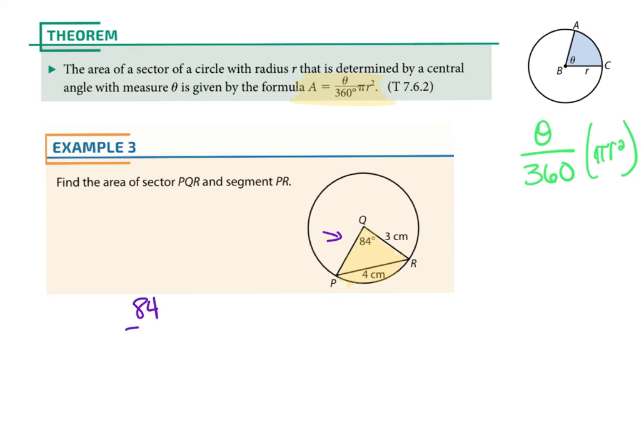So it's 84 out of 360. All right. And then pi, what is my radius, Bella? What's my radius from my center to the side? 3 centimeters. Yeah, it's just 3 centimeters. So 3 squared. So 84 out of 360, pi r squared.